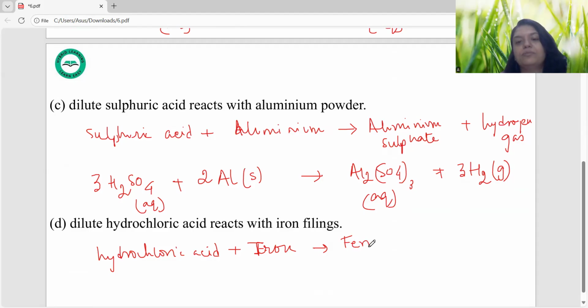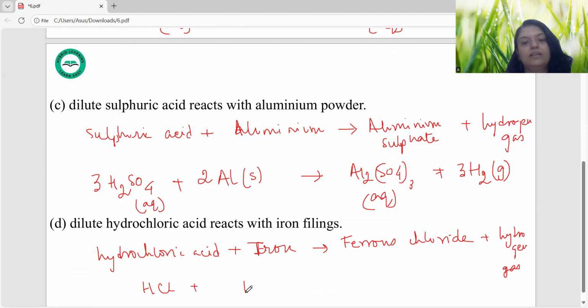So I'm writing ferrous chloride here, plus hydrogen. So hydrochloric acid, iron, ferrous chloride means it is FeCl2, plus hydrogen.